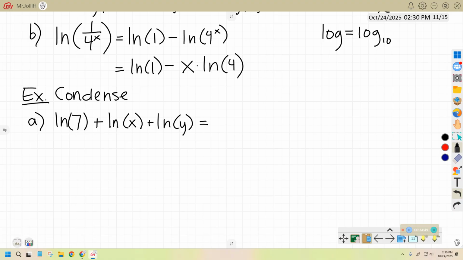Dayanara, what rule am I using here? There's only 3 for logs. Which log rule? Product. Very good. Addition outside becomes a product inside. Yeah. So this is going to become one big natural log of 7 times x times y. Happy face.